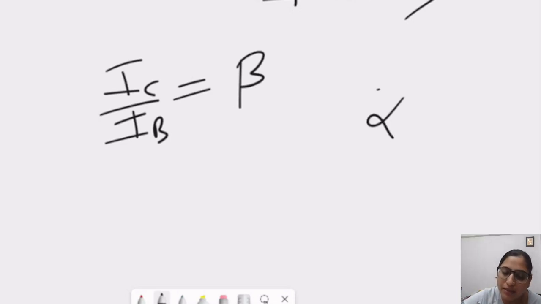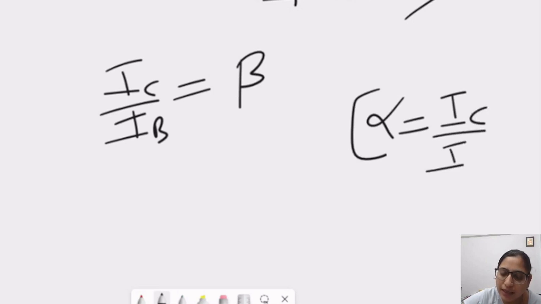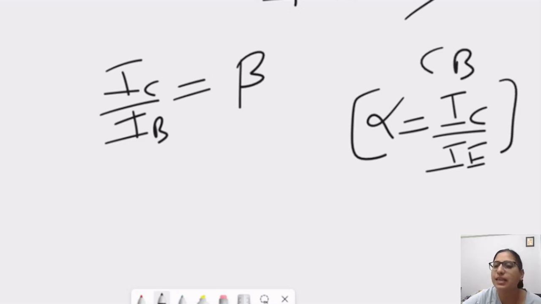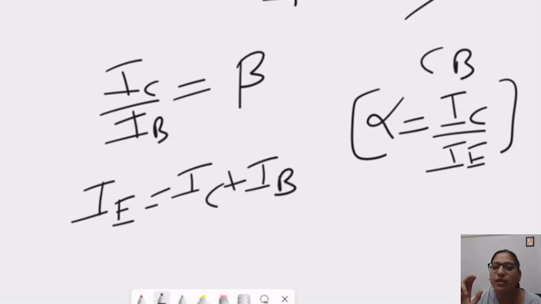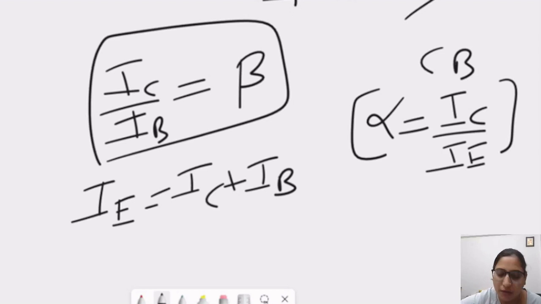In common base, we consider the current amplification factor, which is alpha, which is IC upon IE, collector current upon emitter current. So alpha is IC upon IE. From the basic equation, we know that IE is the addition of collector current and base current. From this, we will conclude our lecture with the relationship between beta and alpha.